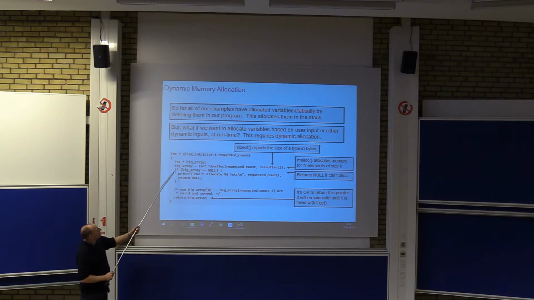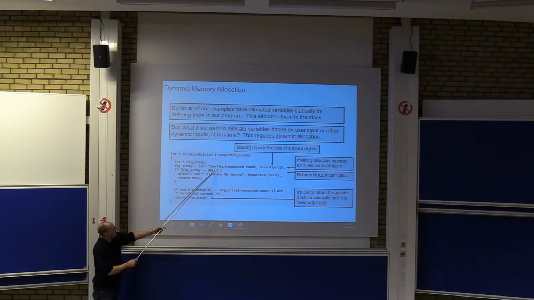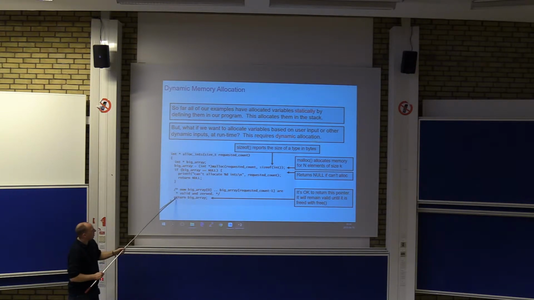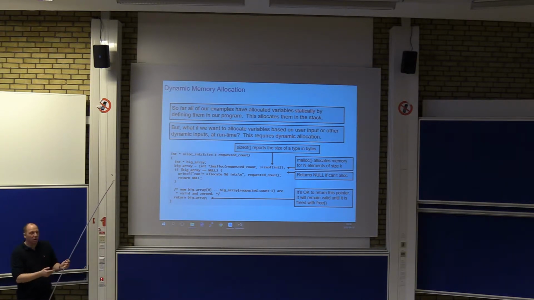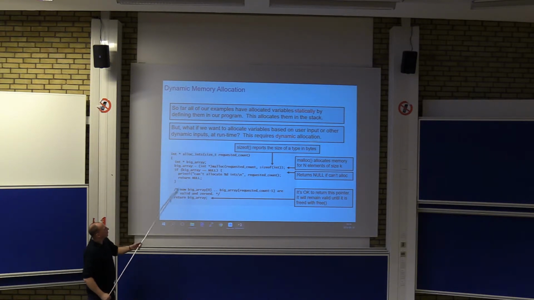Okay, but if you got a valid address, meaning that this condition was not satisfied, then you can continue down here, and then you can return the big array to some other function. Then you can continue on referencing this memory.